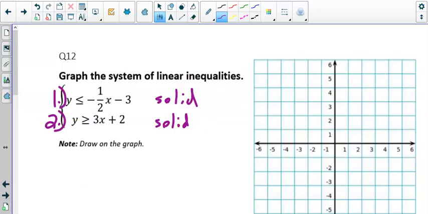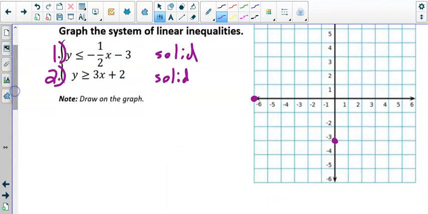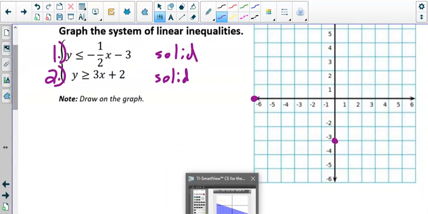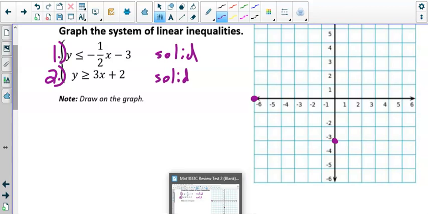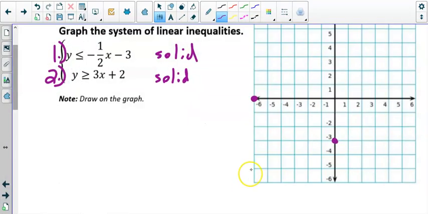So let's just graph that real quick. -6, 0. And then 0, -3. Slide down some. So here's what our, oops, it's changing on me. There we go. Here's what our line looks like.